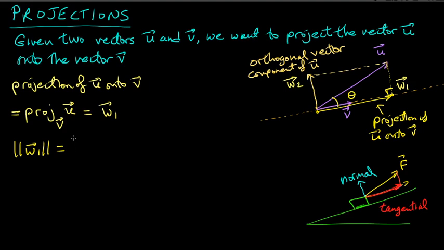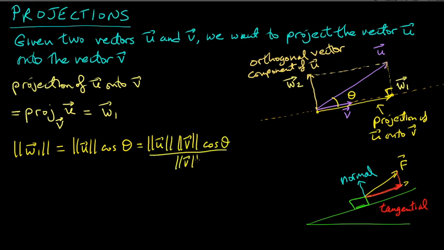So this is just going to be the magnitude of u times the cosine of theta. Right? So that's just trigonometry. So what we can do then is multiply the numerator by the magnitude of v. And, well, as long as I divide by that same number, I can cancel them.